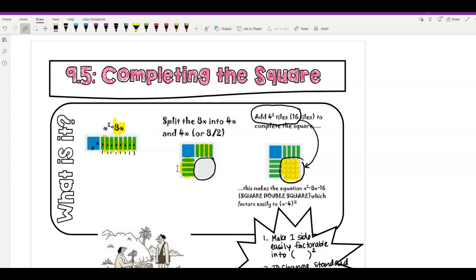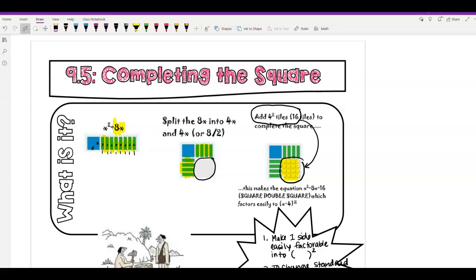What did that look like when I FOILed it out? Or if I had x squared plus 6x plus 9, did you remember that that factored into x plus 3 squared? So we're going to go through this completing the square process to make one of those perfect square trinomials, which is then very easily factorable into something squared. So we can undo that squared by taking the square root.